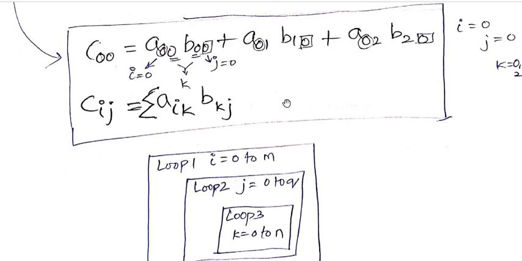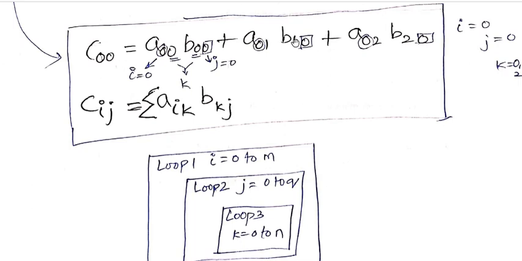Okay, if you see this calculation, C00, a of I, this is k, into b of kj. So effectively I can say Cij is equal to the sum of aik into bkj.